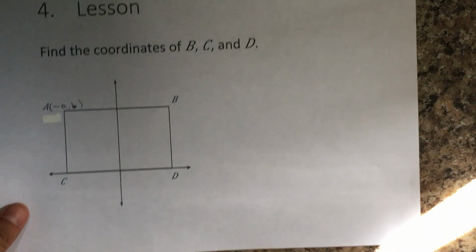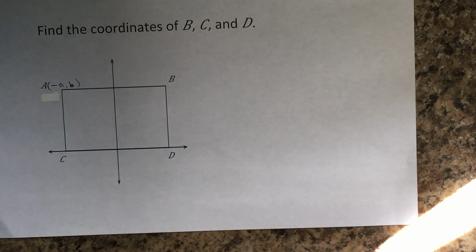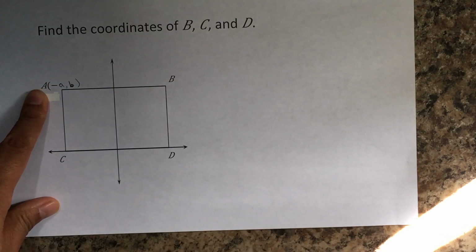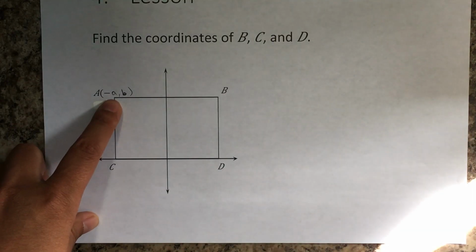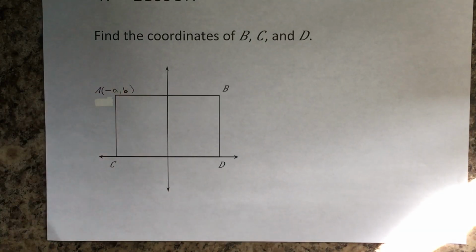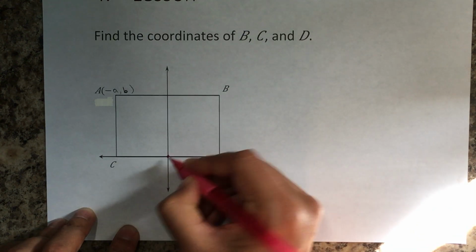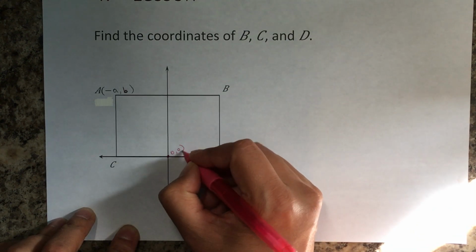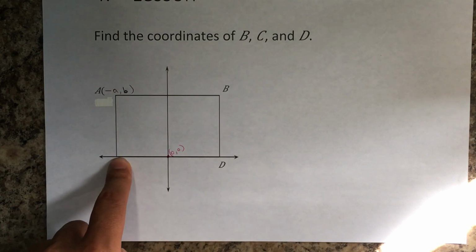Okay, let's try another example. Find the coordinates of B, C, and D. They're giving us already point A, which is negative a, b. Notice that now the coordinate plane is right here. So this is my origin. This is where the two axes meet, the y-axis and the x-axis.